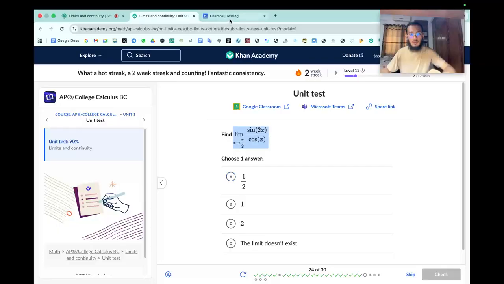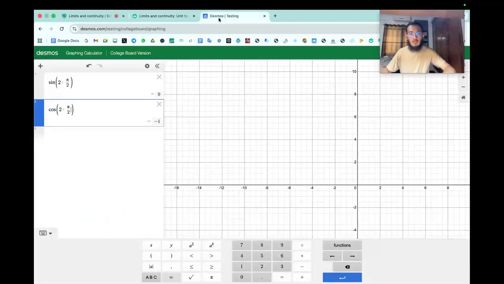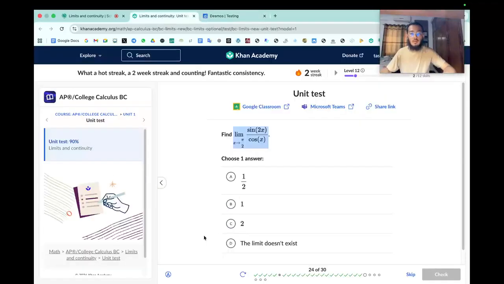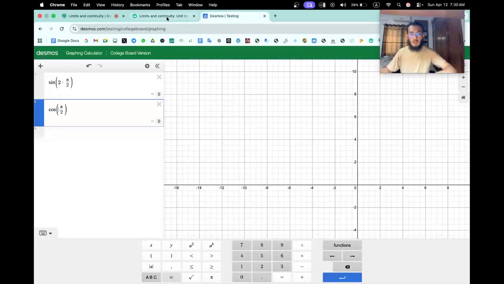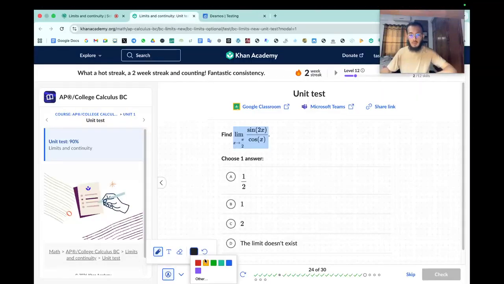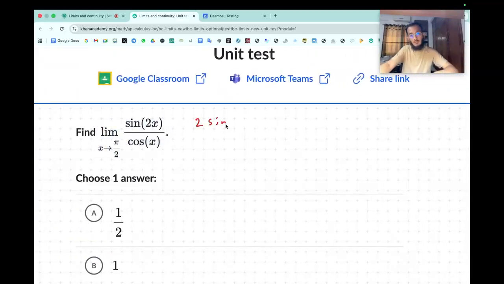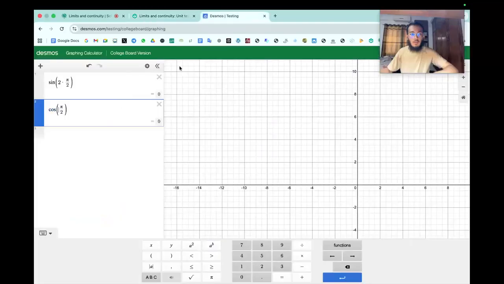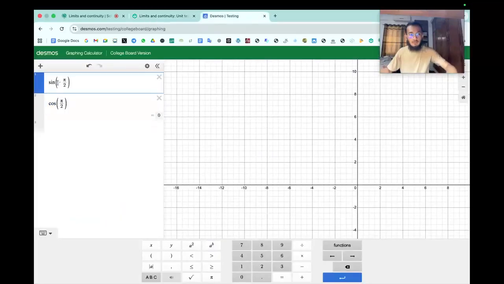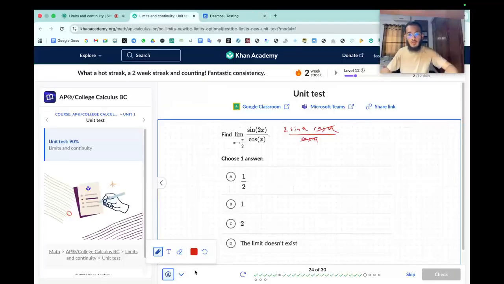We have to find the limit of sine 2x divided by cos x, not cos 2x. So basically, 0 divided by 0. This is an indeterminate form. What do we do? We use trigonometric identities. Sine 2x can be written as 2 sine x cos x upon cos x. So we are left with 2 sine x, which is 2. So our limit is 2.